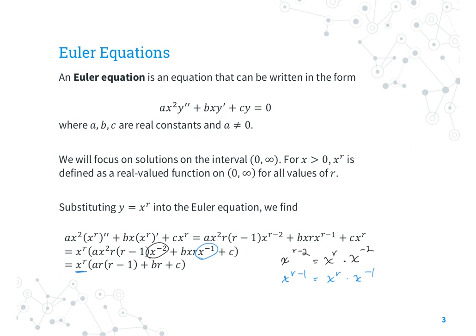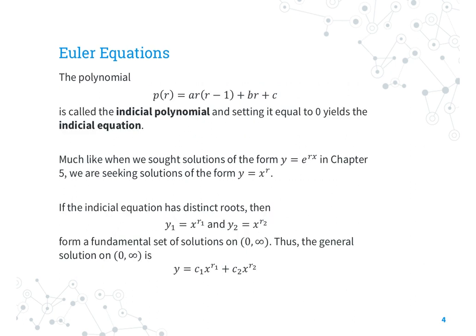So our indicial polynomial, P of r, equals a r times r minus 1 plus b r plus c. When we set it equal to 0, we have an indicial equation, much like when we solved y equals e to the rx, we had a characteristic equation. Again, here we're seeking solutions of the form y equals x to the r.